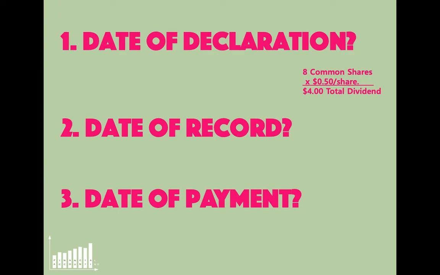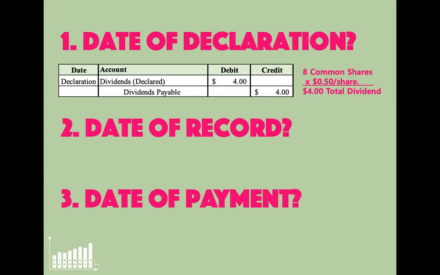So 8 times 50 cents, $4 total in dividends. And we would record it like this on the date of declaration. Dividends, sometimes people can use dividends declared as an account, but dividends is your account, $4, and dividends payable of $4.